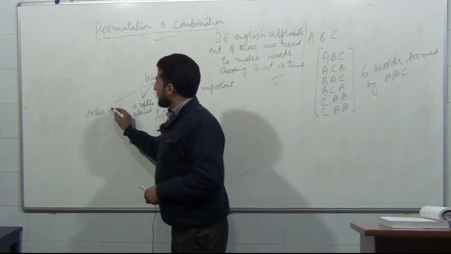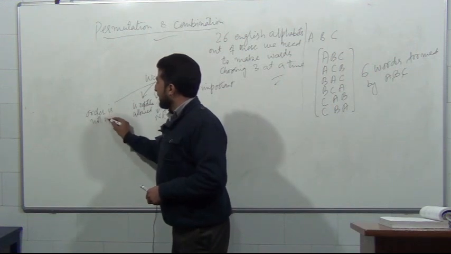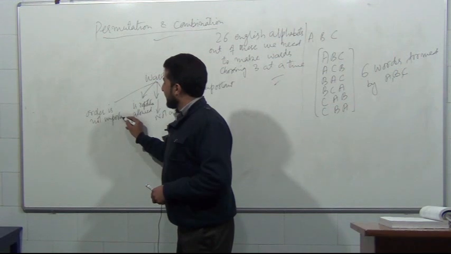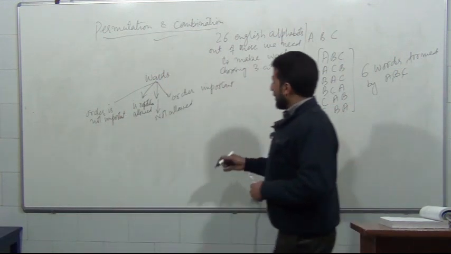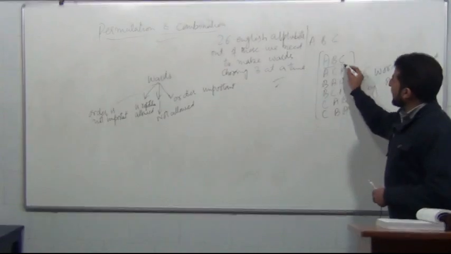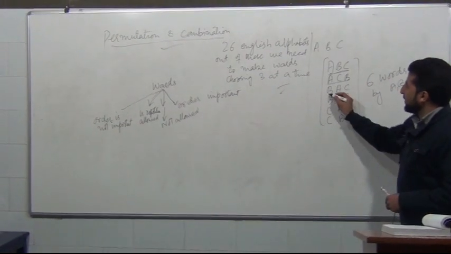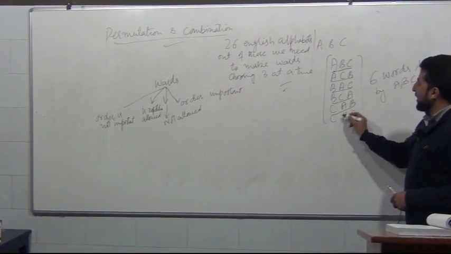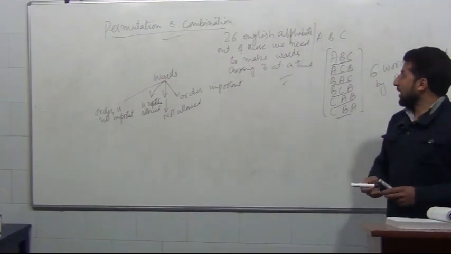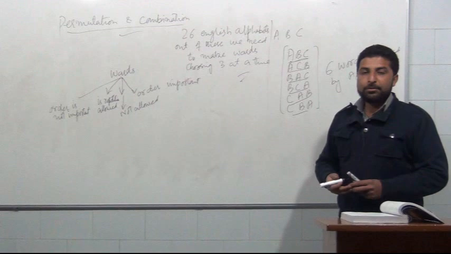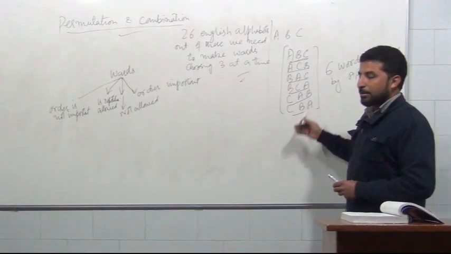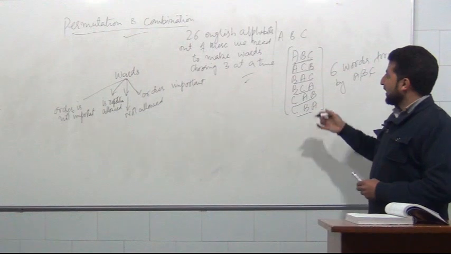Like, if I choose among A, B, C: ACB, BAC, BCA, CAB and CBA, these are what? 6 words formed by A, B, C.